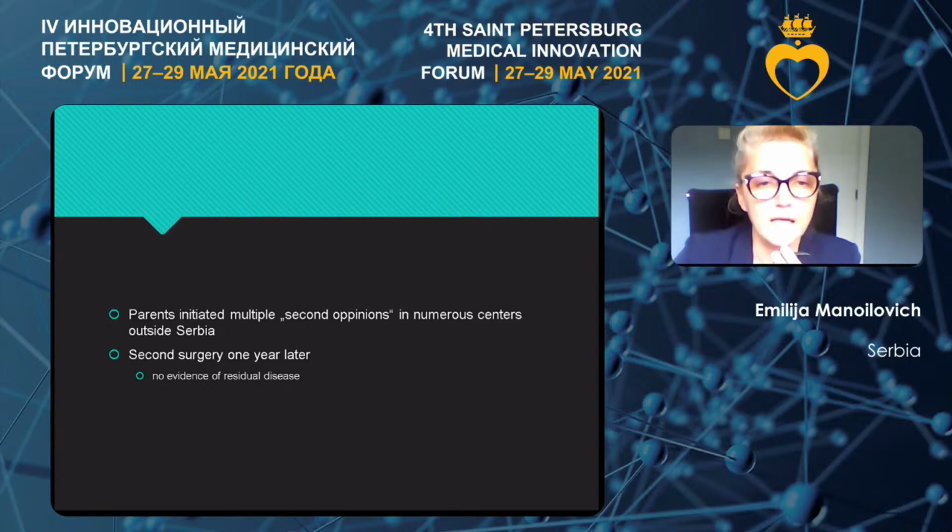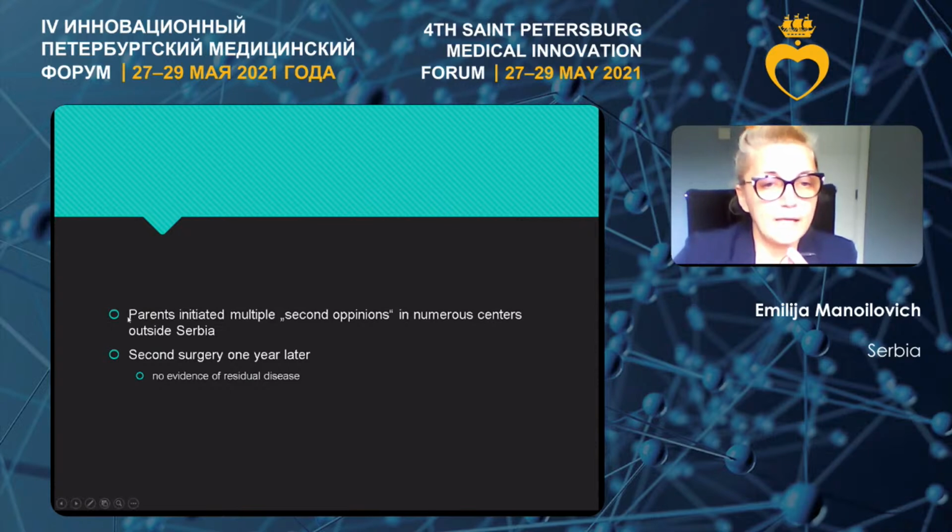And that's why the parents initiated multiple second opinions in numerous centers outside Serbia. And believe it or not, numerous experts in neuropathology from Western Europe had the same conclusion as we had. They were not sure regarding the origin of the tumor. Was it glial or neuronal?